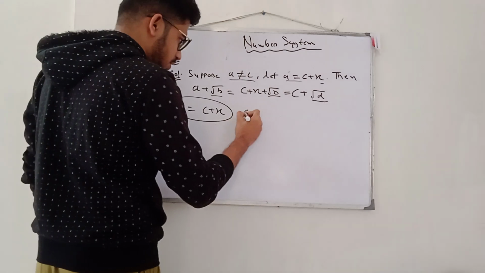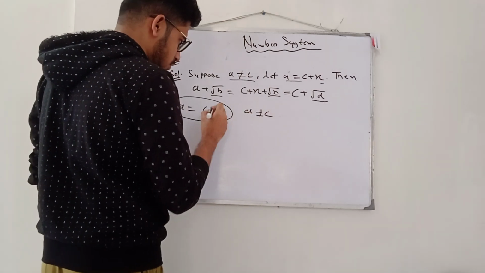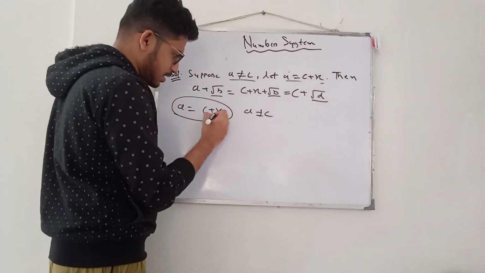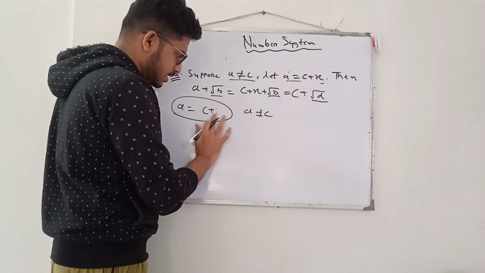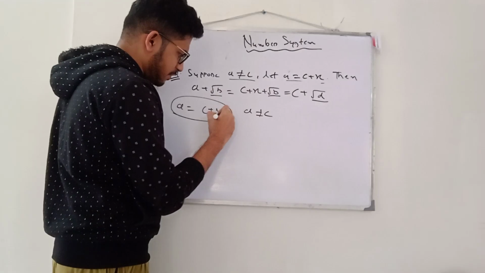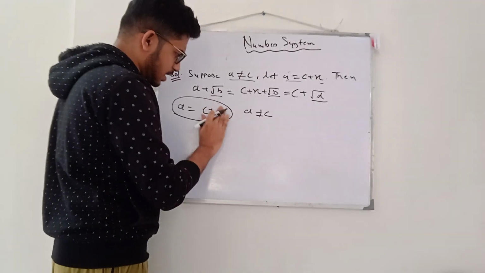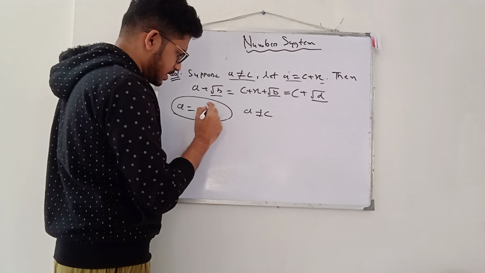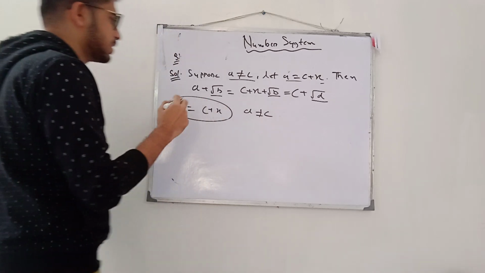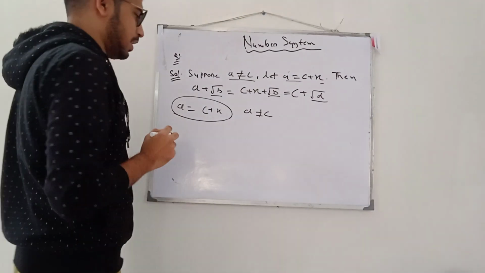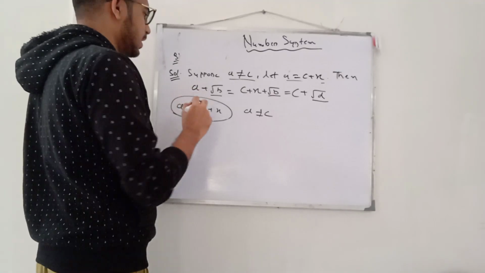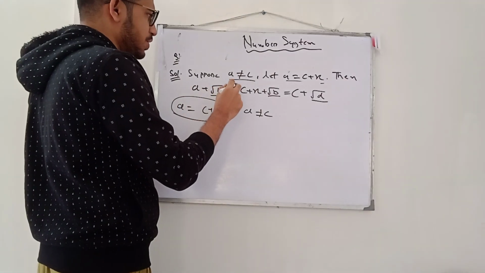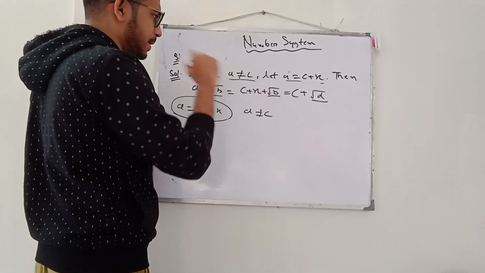They're adding something like x. It can be y, anything, any integer. So they're adding x so that it can be equal with a. And then a plus root b is equal to c plus x plus root b.